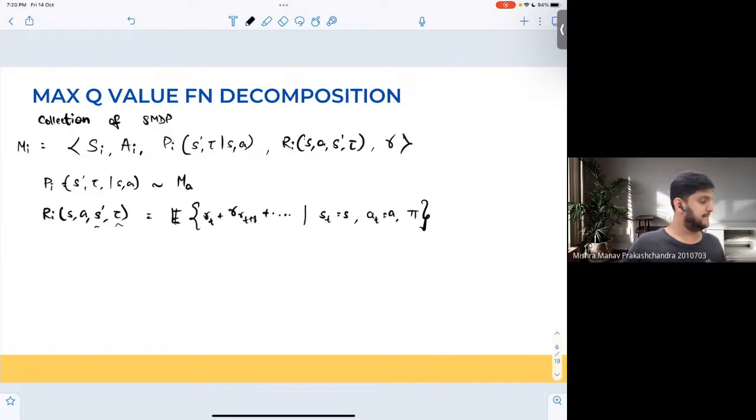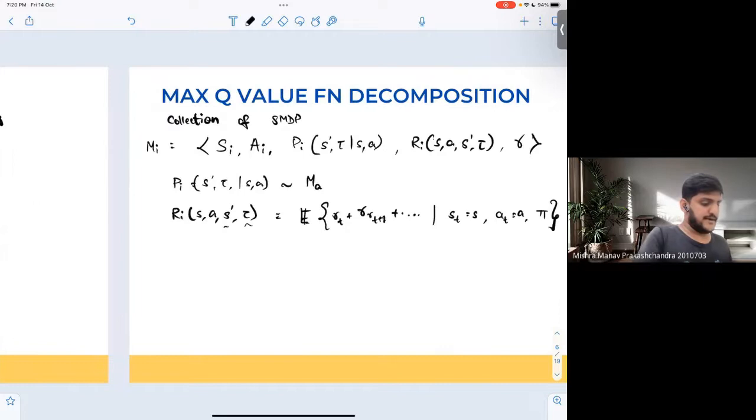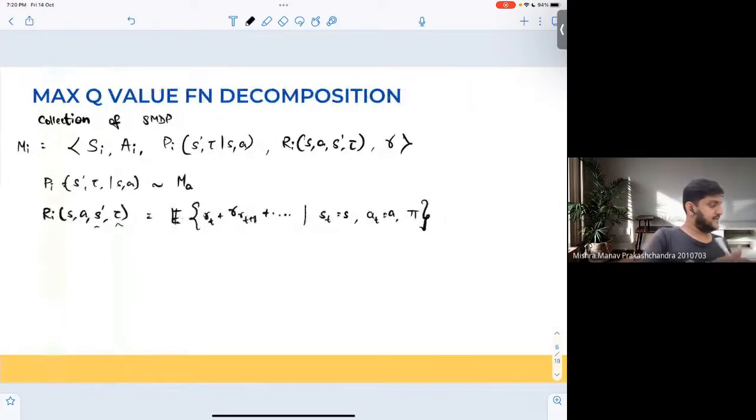Right. So if I were to define my value functions here, this is the value function for the i-th subtask when I'm in state S. When I want to look at the value function, this is basically the expected future rewards given state S, right?